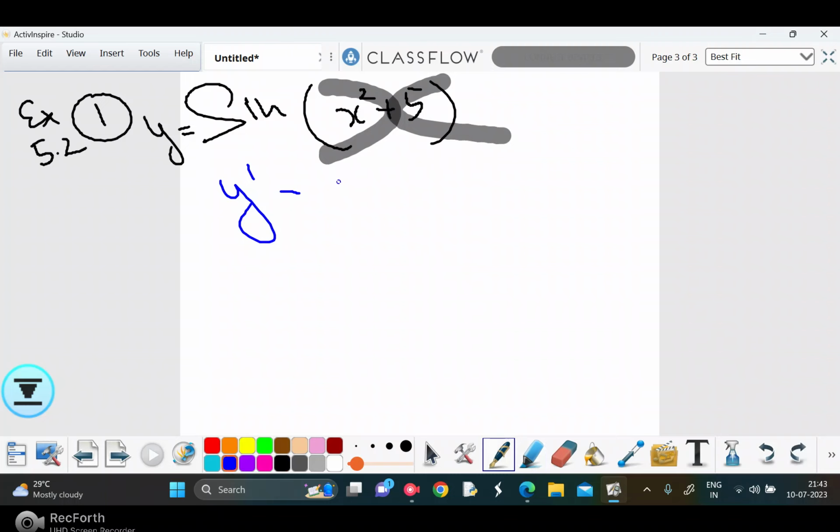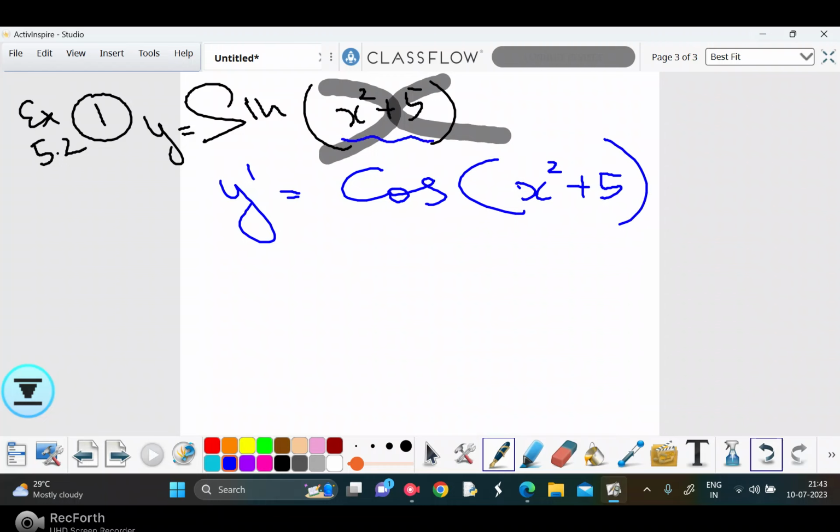I am assuming that this is x. So for sin x I can now use the differentiation, which is cos x, because I am taking x square plus 5 as x in my head. What is my x that I have assumed? x square plus 5, but this is not actually x. So the sum is not over; you have to multiply by the derivative of this.